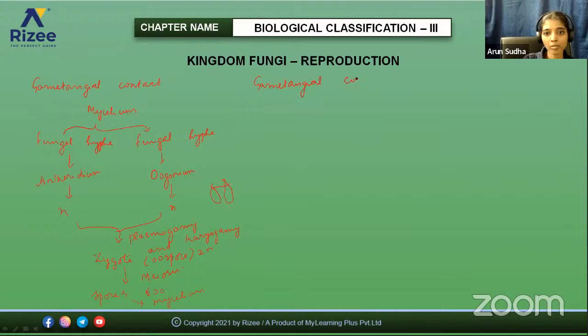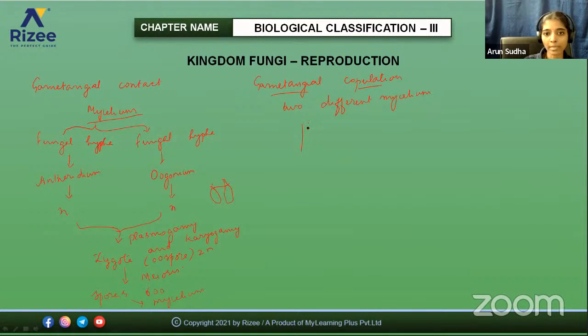Gametangial copulation. Here, they are formed between two different mycelia. You know what a mycelium is? It is a network of hyphae. In gametangial contact it is formed in the same mycelium, but here it happens between two different mycelia.